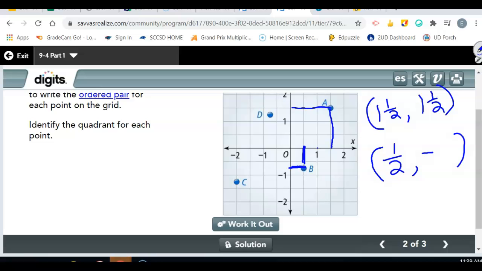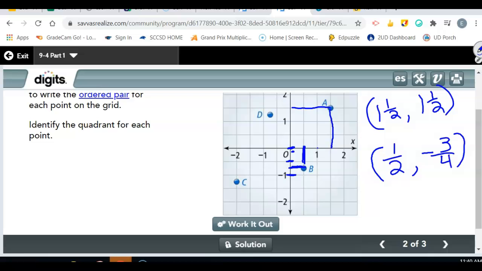This is where it gets a little confusing. Think back to your money. What's in between -1/2 and -1? Bryce. Not -1/2. Here is 0. Here's -1/2. What's in between -1/2 and -1? -3/4.